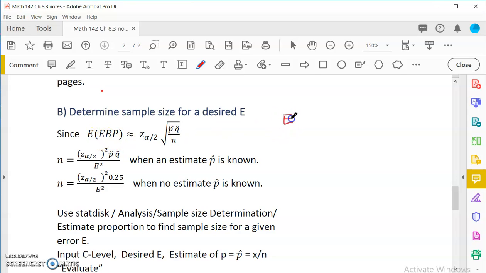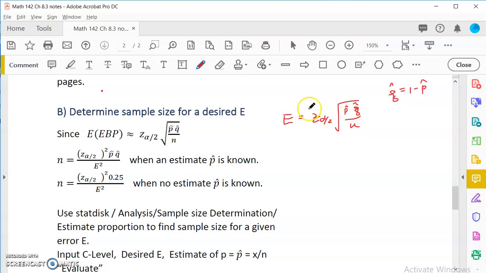Earlier we would have the sample first and then calculate the error. Now we haven't done the study, but we want to find what sample size we should use. So we would use p hat q hat over n. Remember, q hat is 1 minus p hat, the failure in the sample.